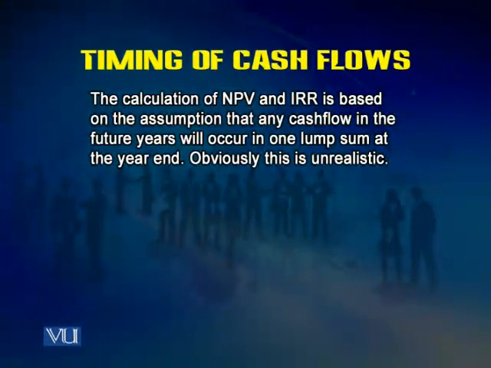The calculation of NPV and IRR is based on the assumption that any cash flow in the future years will occur in one lump sum at the year end. Obviously, this is unrealistic.